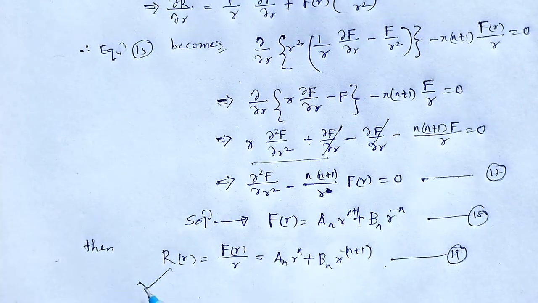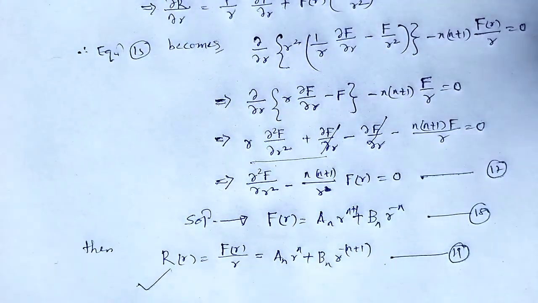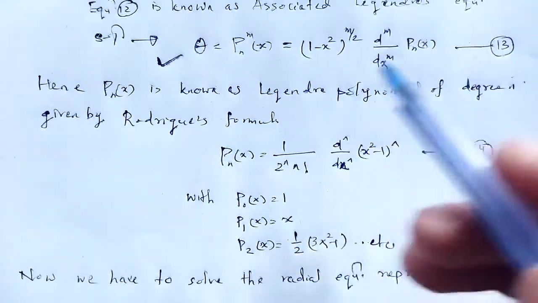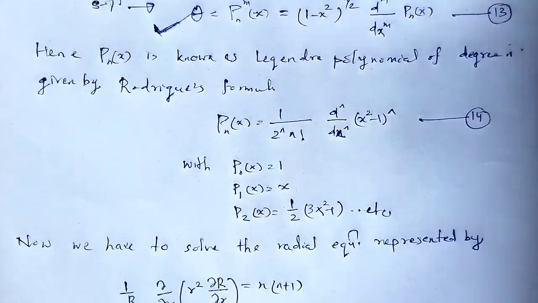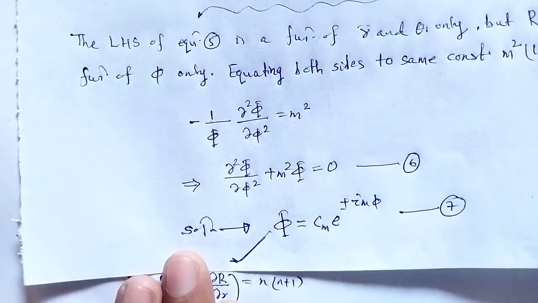Okay, here R of r, in the previous equations we get here theta and here phi.